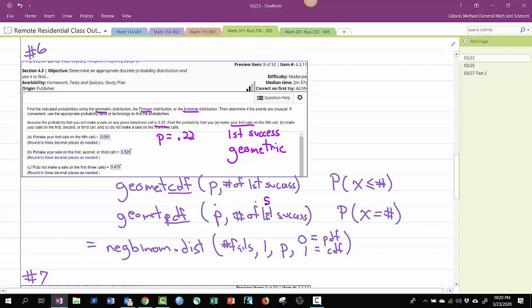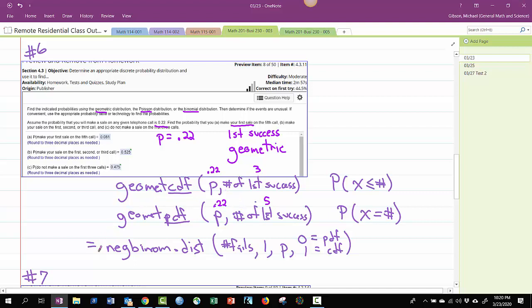You're going to put a 5 in here, and we already got the P is 0.22, so that's the way that would go. Second one here, make your sale on the 1st, 2nd, or 3rd call. Well, that's less than or equal to 3, right? So that'd be a CDF. The probability of success is still 0.22, but then we want the probability of being less than or equal to 3, so we just put a 3 in there.